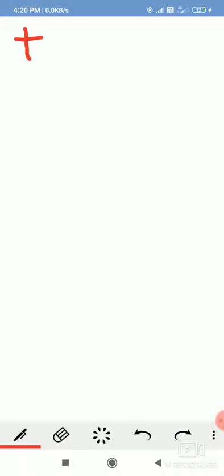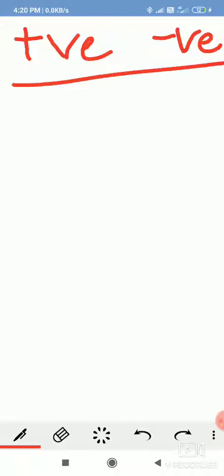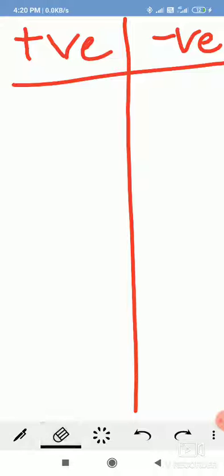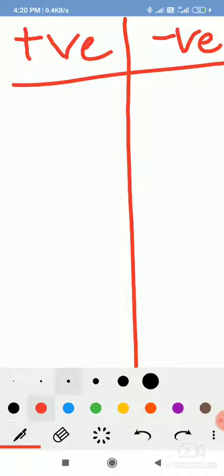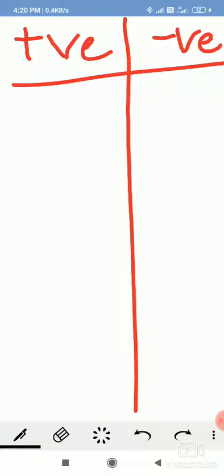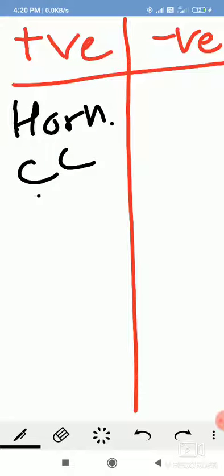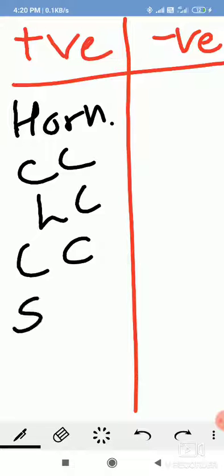Positive relief features and negative relief features, you should just know them. The first one is hornitos, second is cinder cones, then lava cones, composite cones, spatter cones, shield volcanoes.